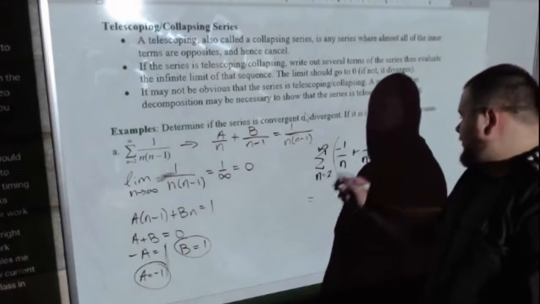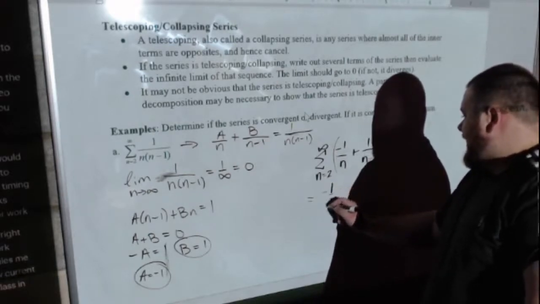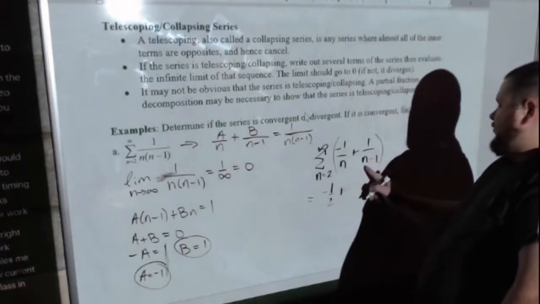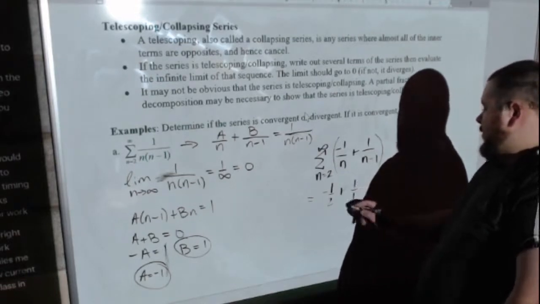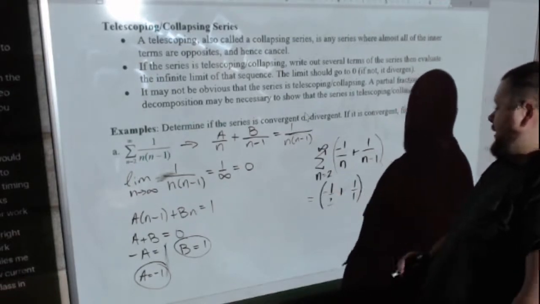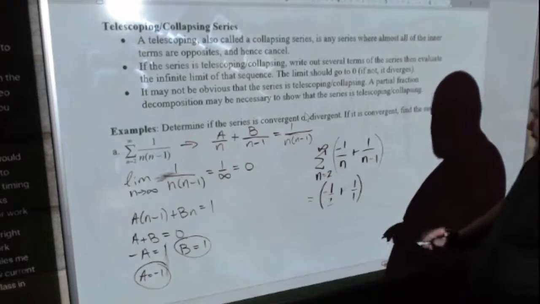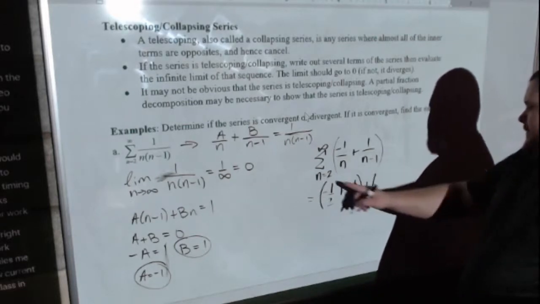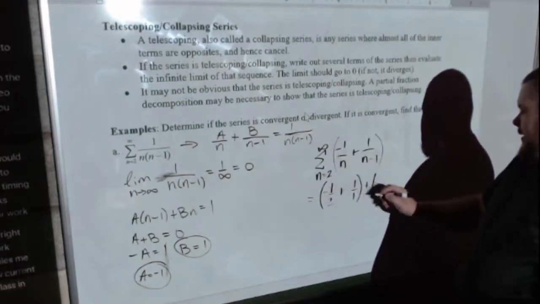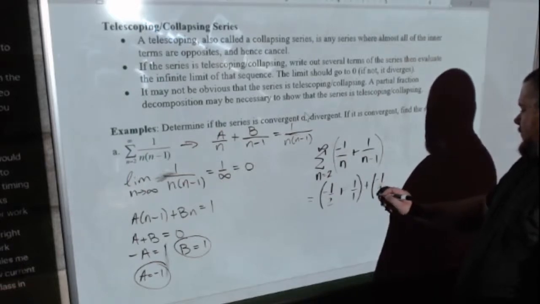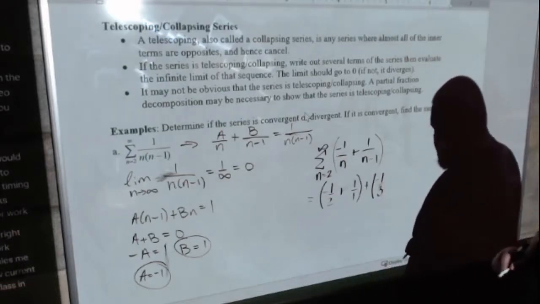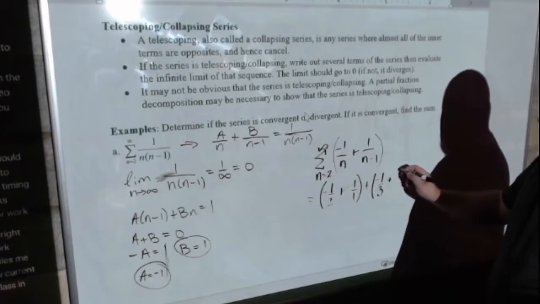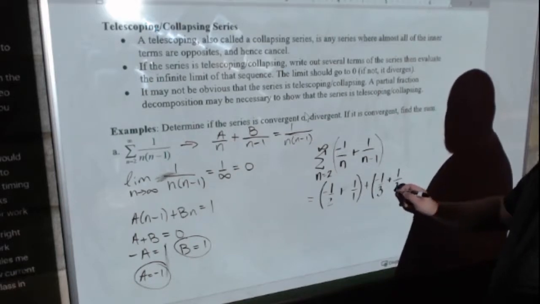So the first terms would be minus 1/2. If I plug 2 there, I get 1 over 1. Plus, now the next number would be 3. So plug that in. So we get minus 1/3. And then we would get plus 1/2.